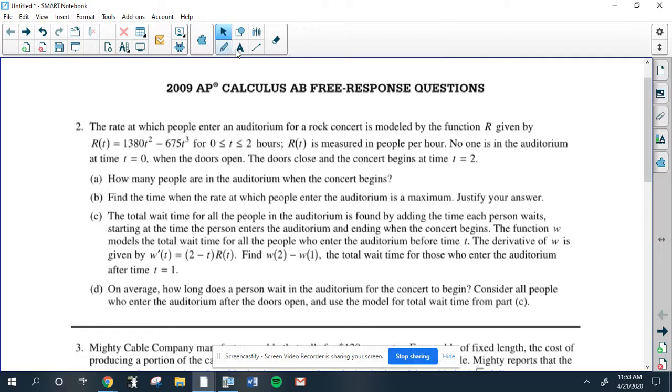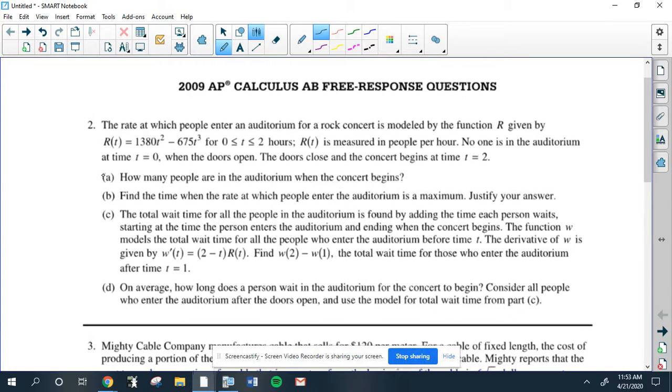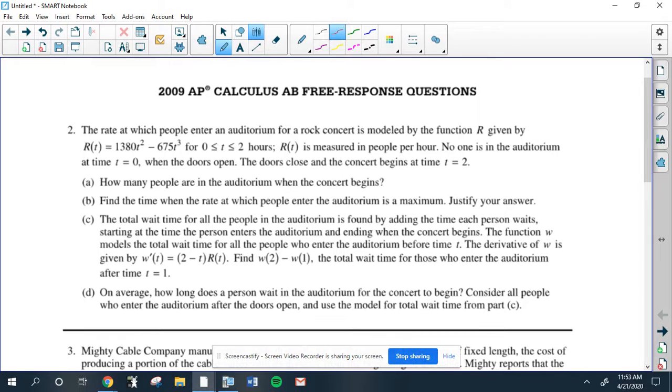That would be an integration problem, but that's one that's not going to be asked this year. You're accumulating the rate, so we don't have to worry about that. We're just going to be looking at B because it's a popular type of question.